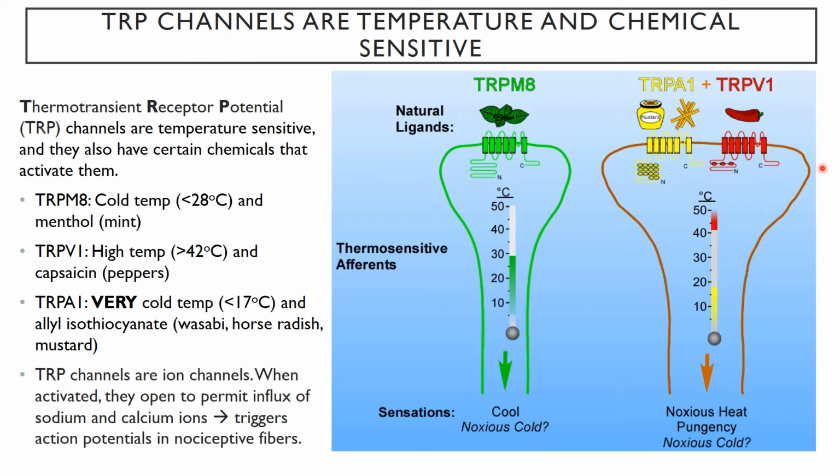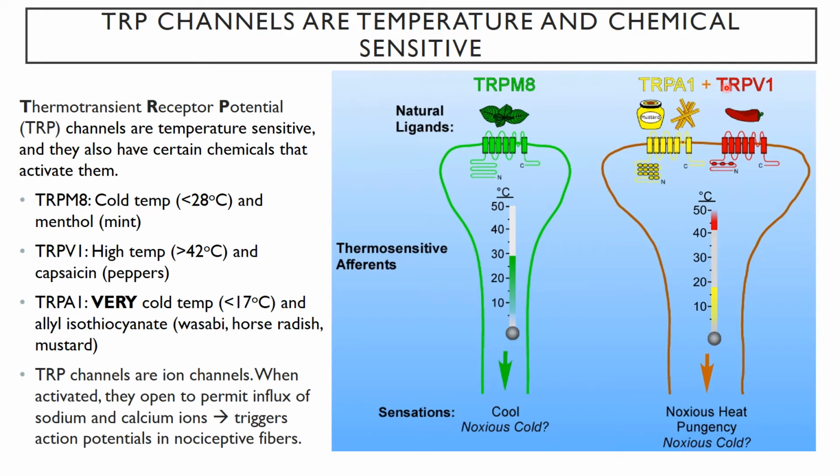And in fact, Lena Nee's lab, who is part of our department, this is what she studies. So she studies temperature sensation in Drosophila, the fruit flies, and she's working on characterizing these heat sensing channels, how fruit flies can sense heat. So very interesting stuff, and I encourage you to look at her research if you want to learn more about these. But we're going to just talk just a little bit more about them.